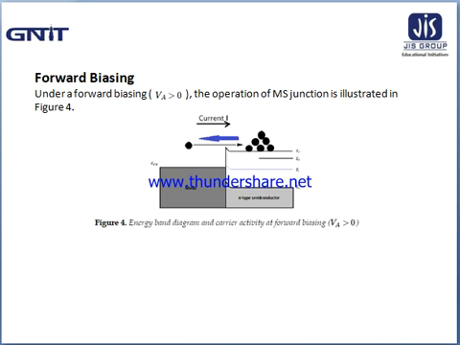Now it will be much easier for electrons to pass over the barrier. That makes the electrons diffuse much more easily from the semiconductor to the metal.